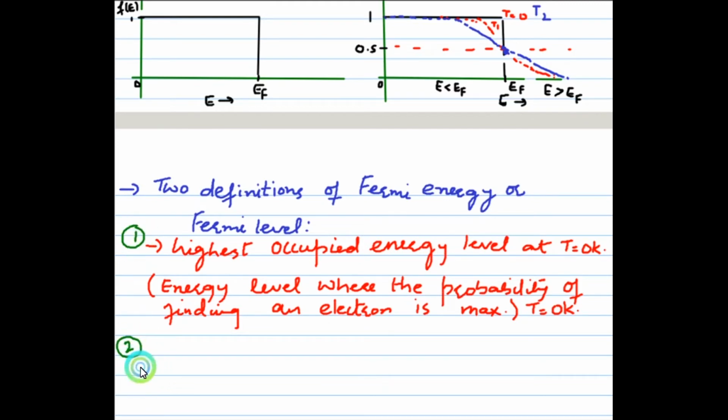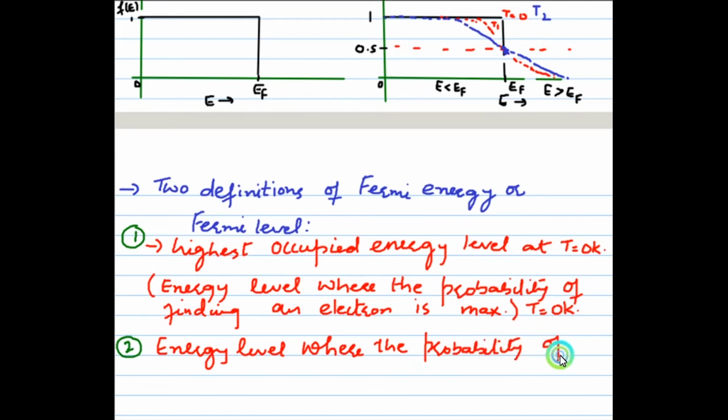The second definition is, it is the energy level where the probability of finding an electron is 1/2, that is, it is half, and this holds for temperature greater than 0.